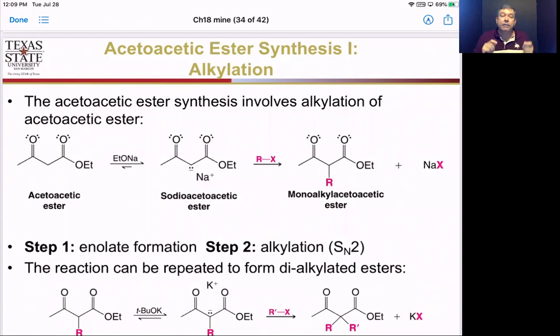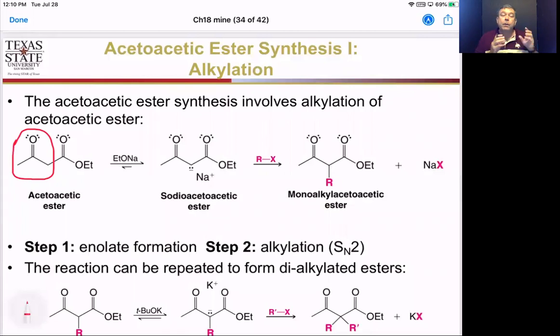In the case of the acetoacetic esters, after decarbonylation, we're always going to end up with a methyl ketone. Okay, so that's the structure you want to look for in your final product to see where that particular material comes from. And that final methyl ketone is actually this portion of your acetoacetic ester.